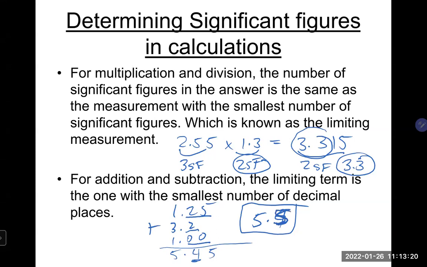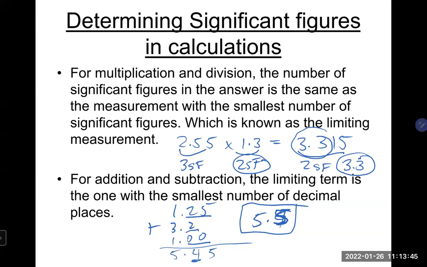Make sure you look at this number as well. So it should be 5.5, which has 1 decimal place. It's important to note that 5.5 has how many significant figures? It has 2 significant figures. So keep that in mind when you're talking about sig figs or decimal places. Any questions on that there?